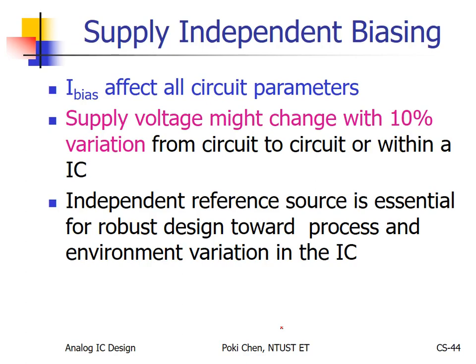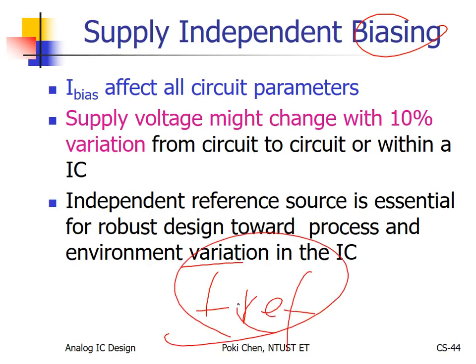And then let's go for the others. Supply independent biasing. That is almost the end of this chapter. What we care about in current biasing is, if I would like to generate some kind of reference current for you, by definition, if you would like to be a reference to the others, you need to be standardized.